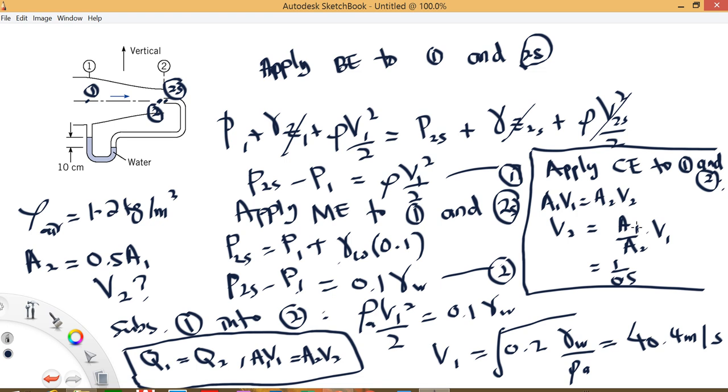Okay, so A1 cancels, times V1. So V1 is 40.4. Basically, 1 divided by 0.5 is 2. So you should get the answer as 80.8 meter per second. So this should be the answer. Alright. So 80.8 meter per second. On the continuity equation, I will explain this in detail in lecture 6.